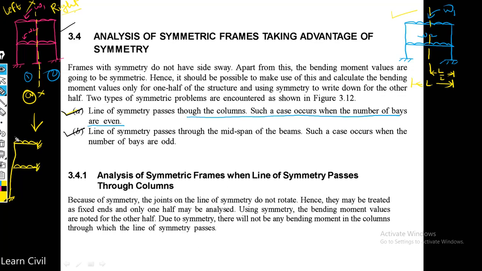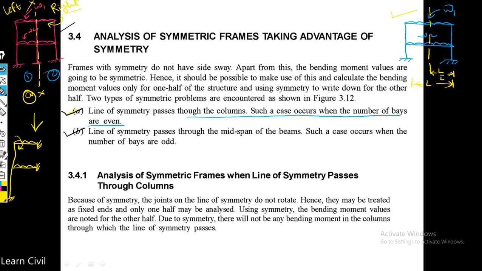Whatever bending moment will be here, the same bending moment will be here. So like this we can use the symmetry of frames for analysis using Carney's method.